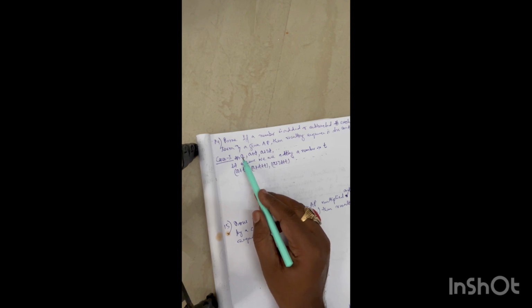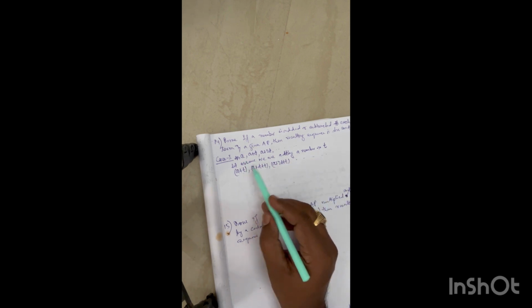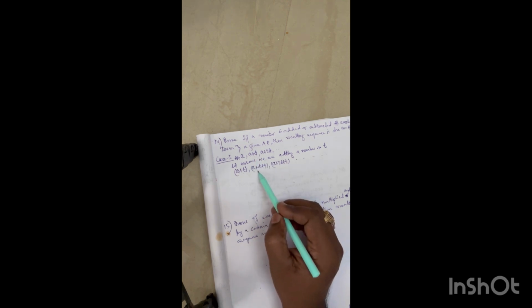The first term was a; if I add t, it will be a plus t. The second term is a plus d; with that I add t, so it will be a plus d plus t. Similarly, the third term will be a plus 2d plus t.